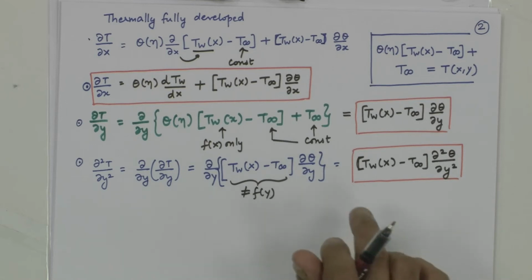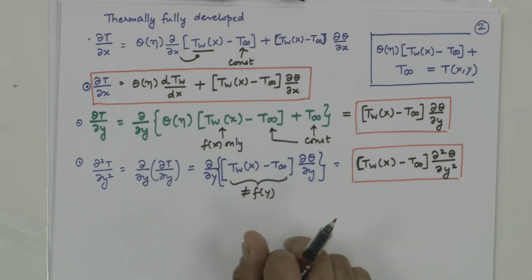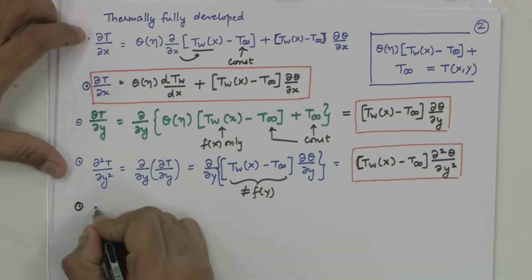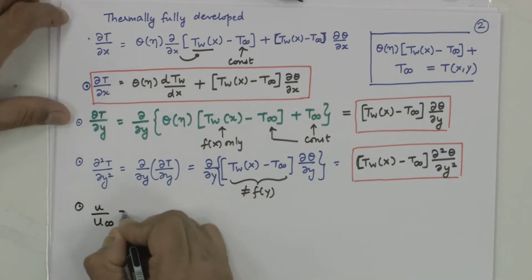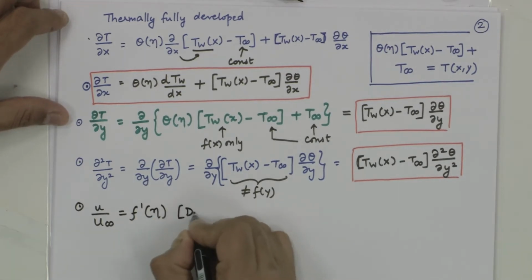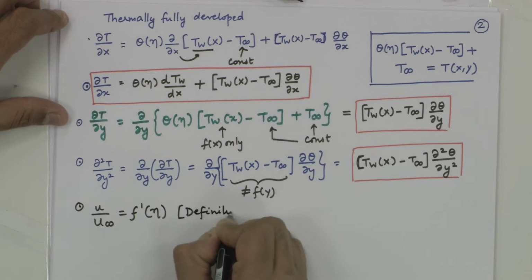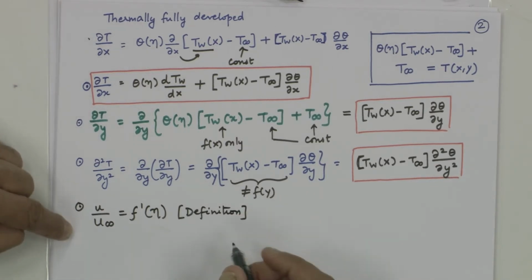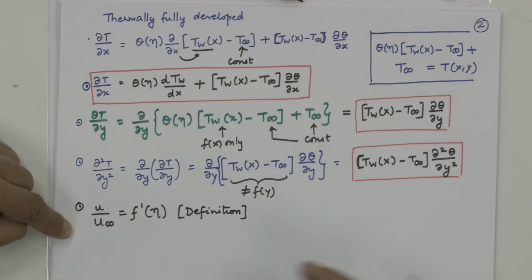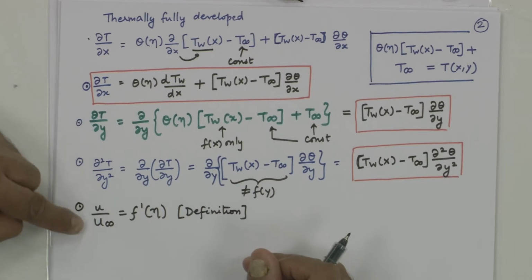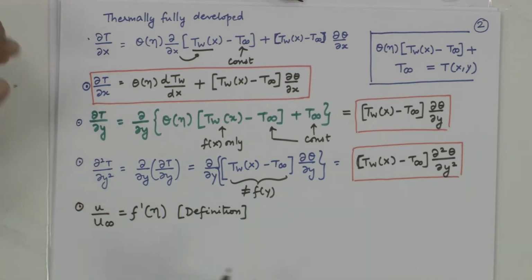So, I have got these three quantities, and then I also have u by u infinity is f prime of eta. This was my definition. I hope you remember that. This is where the momentum equation gets coupled. So, you have u dT by dx, that also is going to have f prime of eta into u infinity.